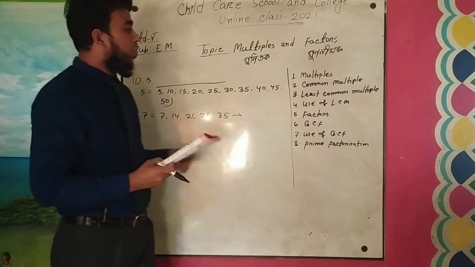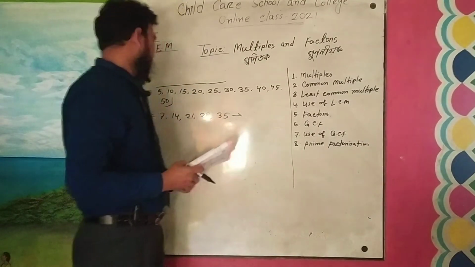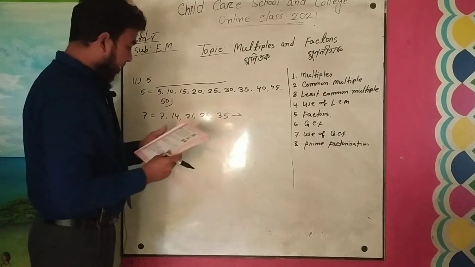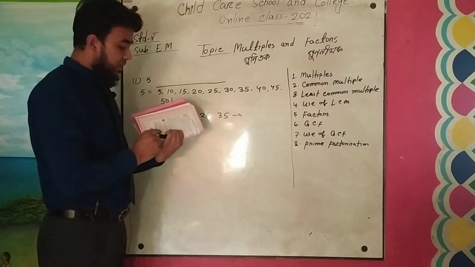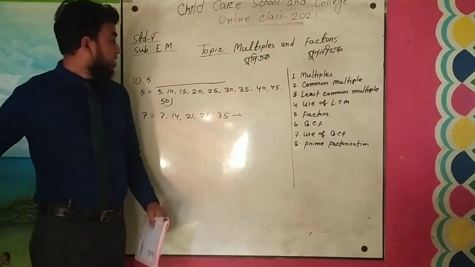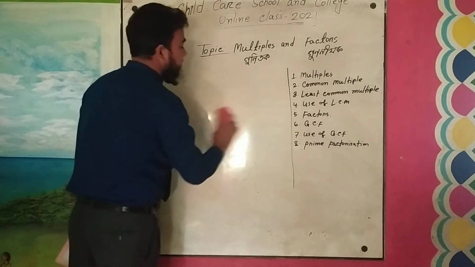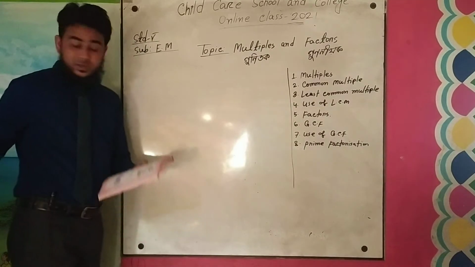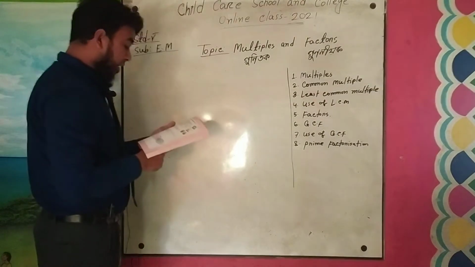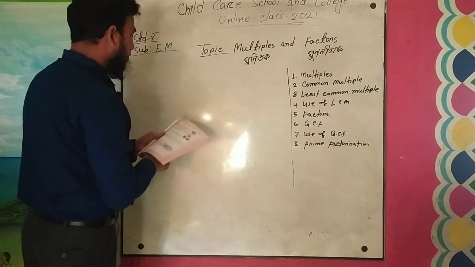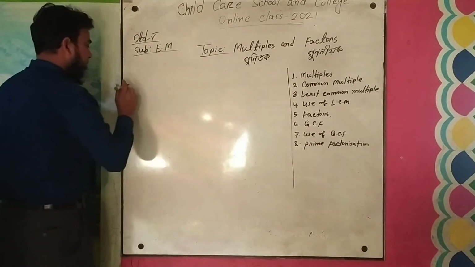Now common multiple. What is a common multiple? If we practice this, then you can easily understand it. Suppose you write the multiples of 4 and 3. Look here.